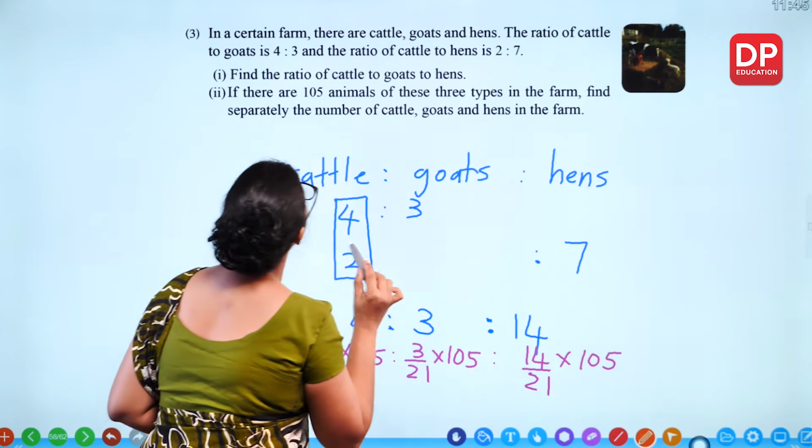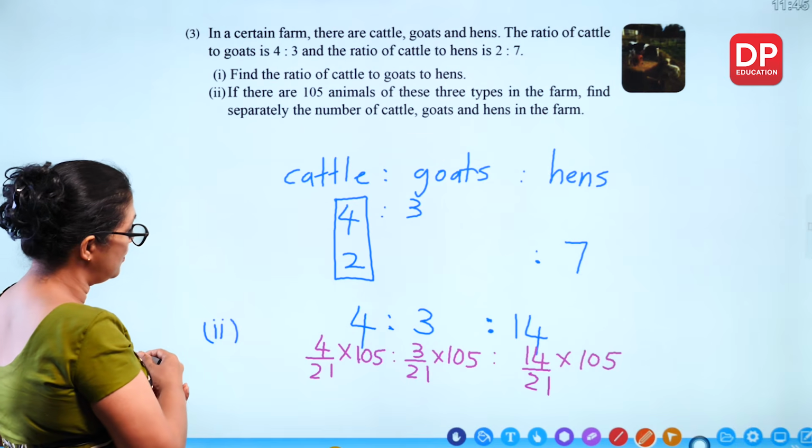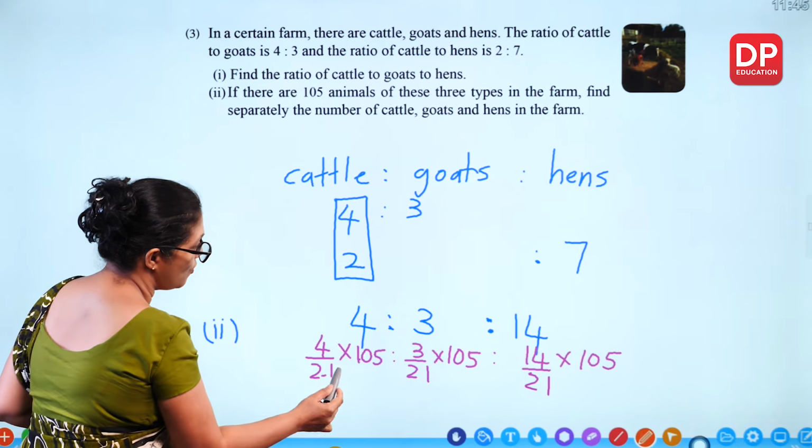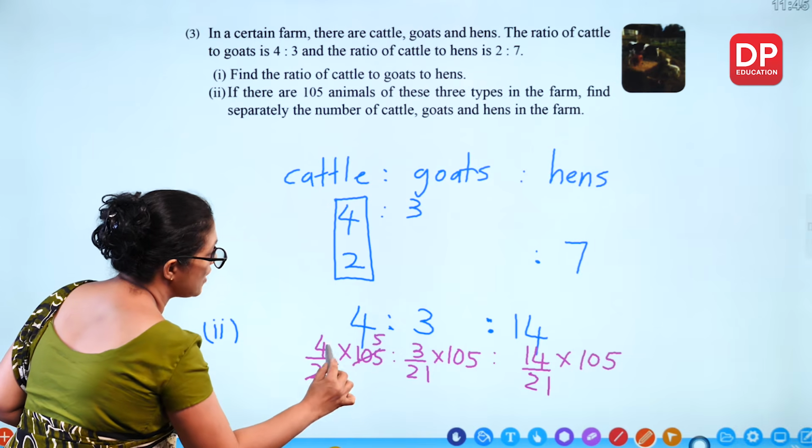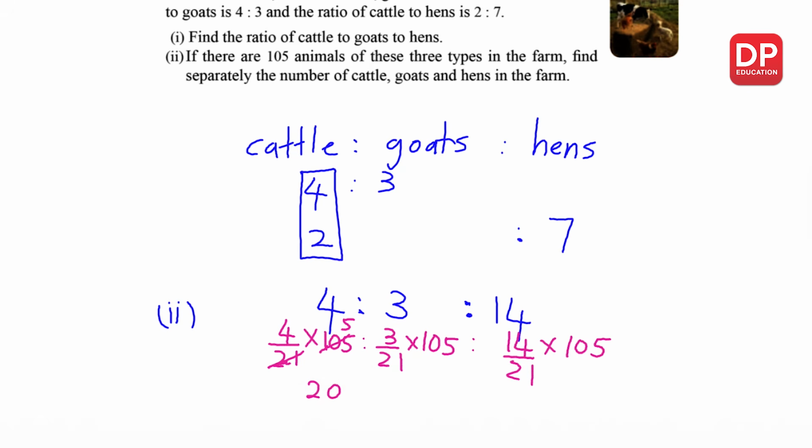So how many cattle? You need to multiply by 5 here. 5 times 4, 20. 5 times 3, 15. And 5 times 14, 70.